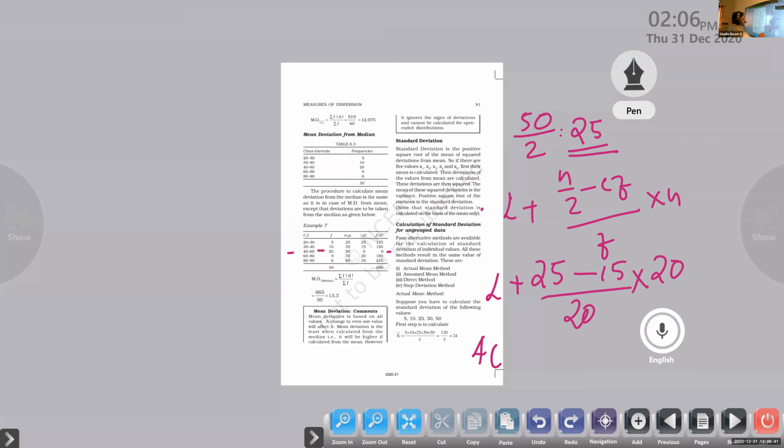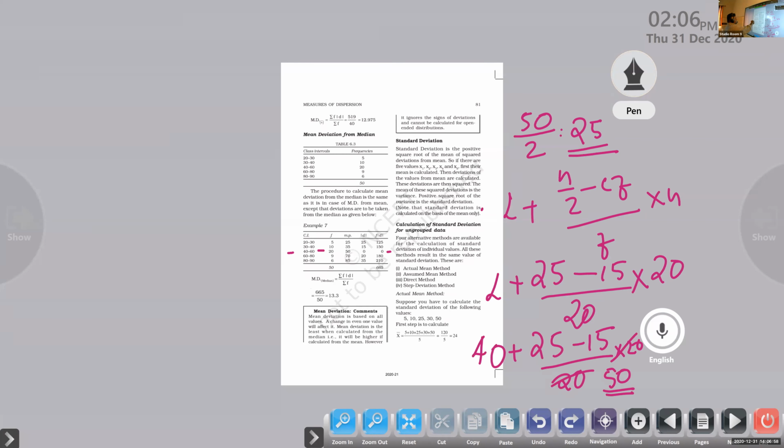So 40 plus 25 minus 15 divided by 20 into 20. So the answer is 40 plus 10, 50. Clear? 50 is the answer.